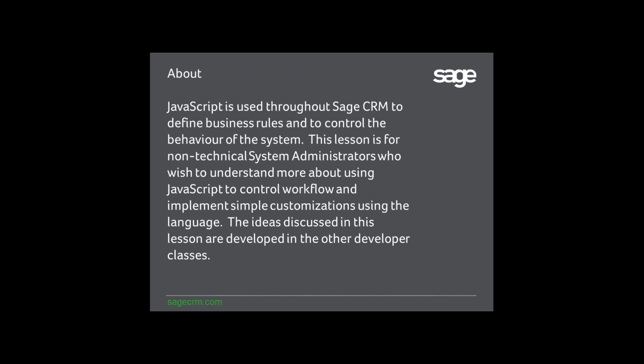So this lesson is very much about looking at the core of the language and getting you to understand some of the concepts around this, so that really sets the scene for us to then start looking at how we can use JavaScripting within workflow, within ASP pages, or whatever.